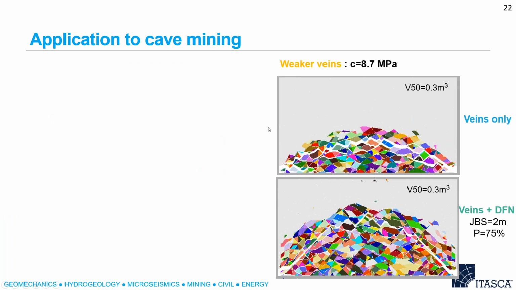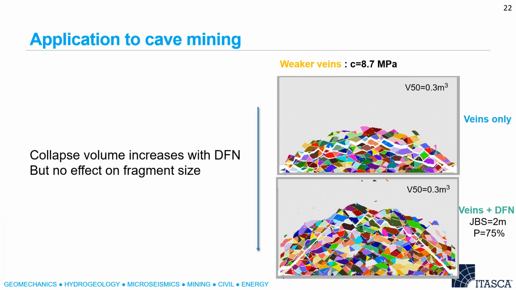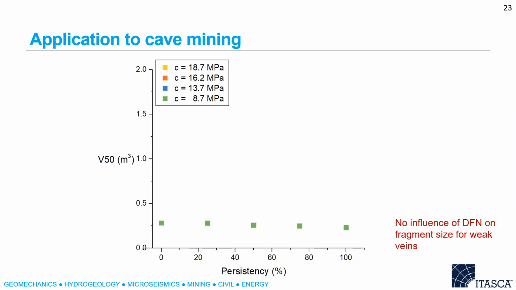On the other side, if we are dealing with weak veins, adding a DFN to our sample can increase the volume of collapse, but it does not have a significant effect on the fragment size, because the fragment size is more determined by the initial size of the bonded blocks.